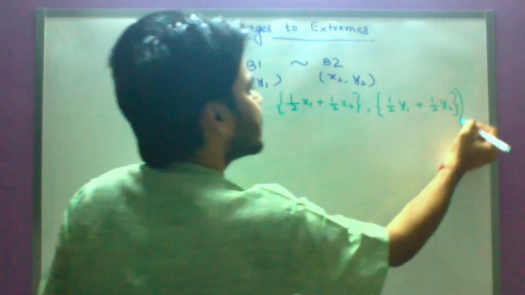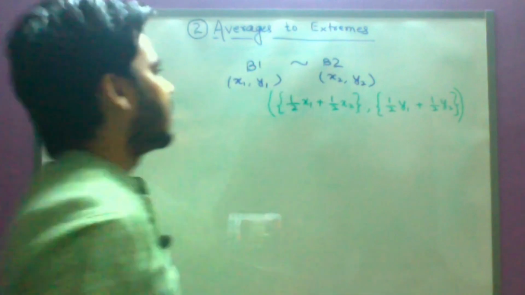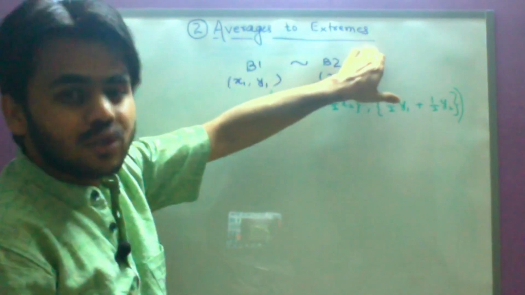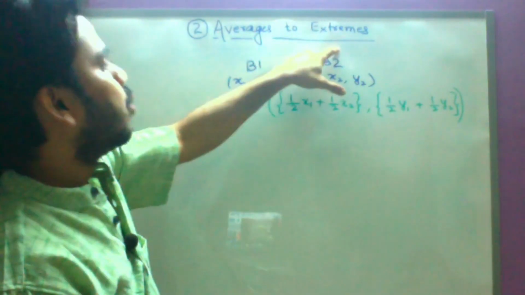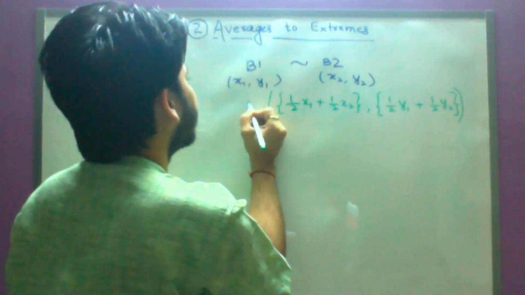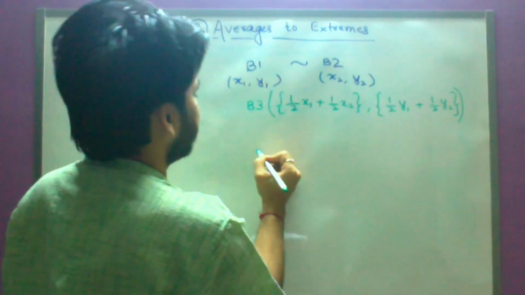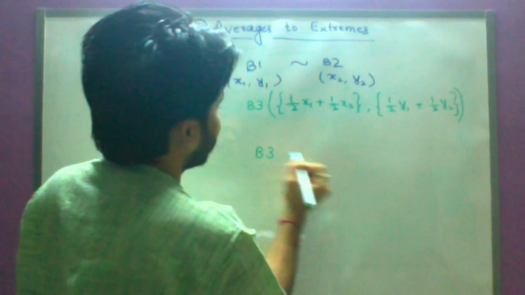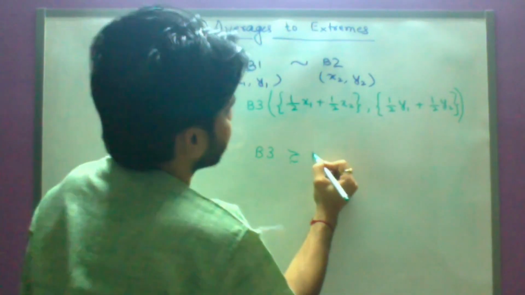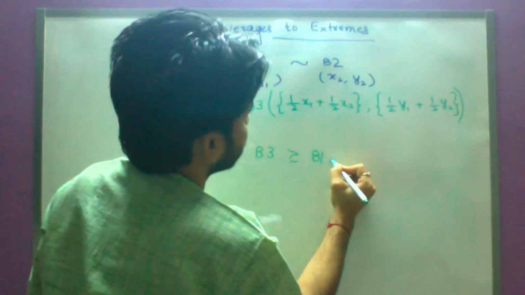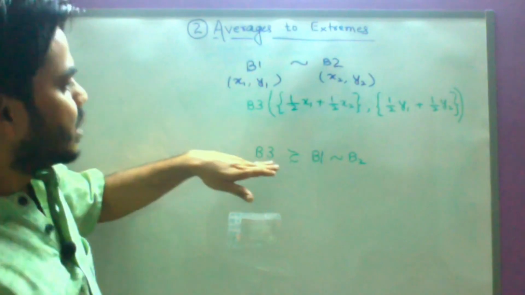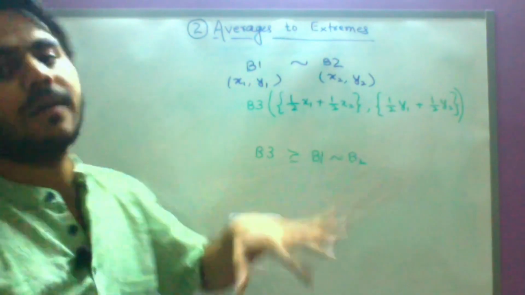So this is going to be your new bundle, and averages are preferred to extremes. So B1 and B2 are indifferent to each other, but this new bundle, B3, will essentially be preferred, I can say with this symbol, to B1 and B2. So essentially B3 is preferred to B1 and B2.